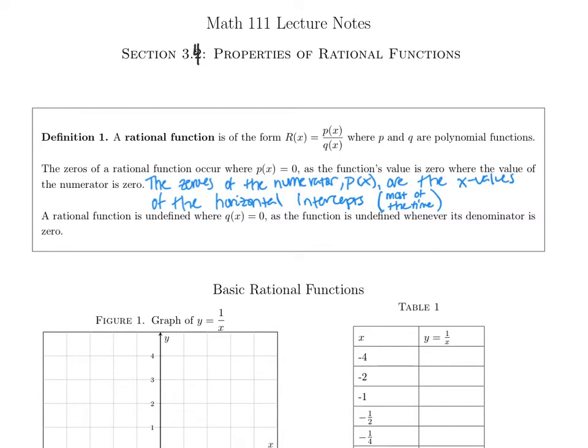And then the next line is, a rational function is undefined when q of x is equal to 0, as the function is undefined whenever its denominator is 0. So this goes back to our domain restrictions: you're not allowed to divide by 0.